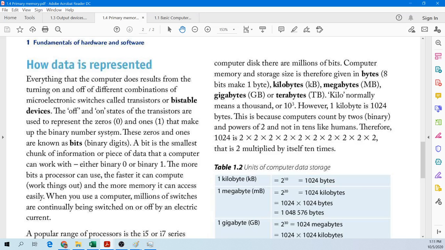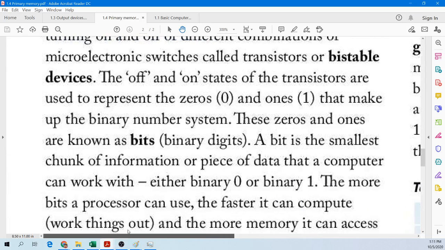A bit is a chunk of information, a piece of data that a computer can work with, either binary 0 or binary 1. The more bits a processor can use, the faster it can compute, and the more memory it can access easily. When you use a computer, millions of switches are continually being switched on or off by electric currents. Good.